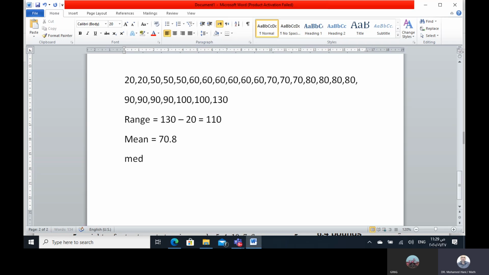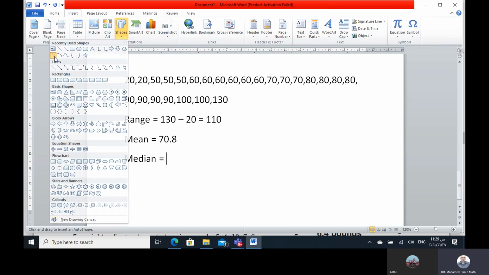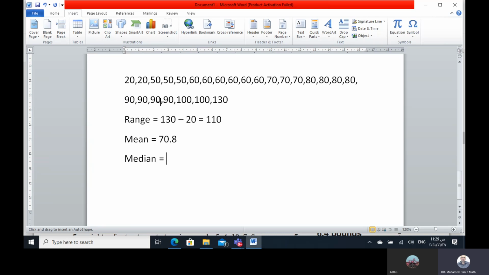The median. The number of data is 25, which means we have an odd count. Odd means take the number in the middle. 1, 2, 3, 4, 5, 6, 7, 8, 9, 10, 11, 12.